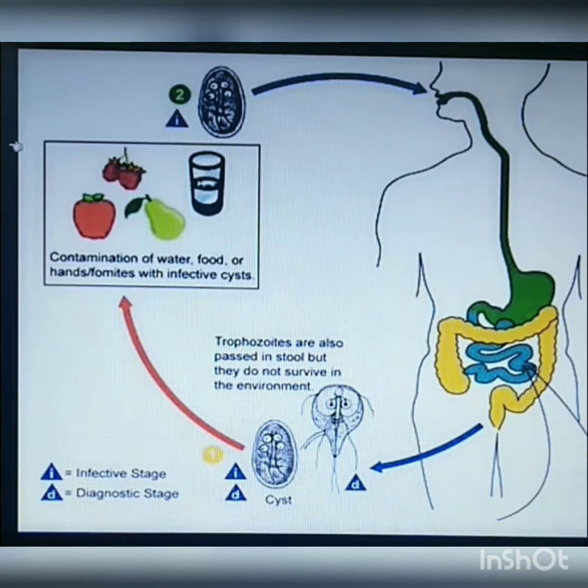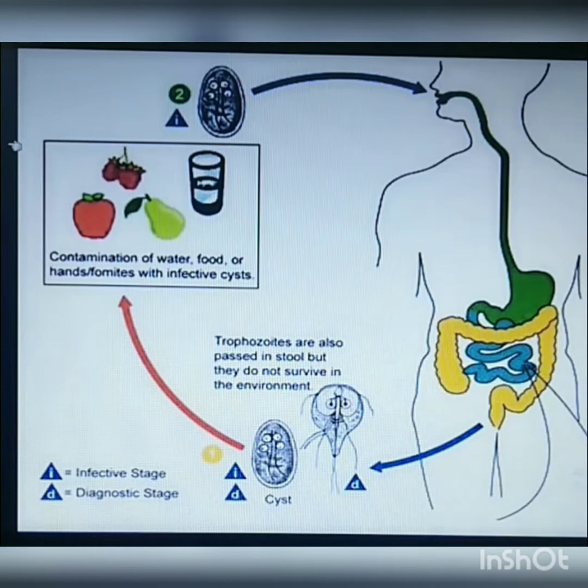Now let's see the causes of diarrhea. Food intolerance or allergy, irritable bowel syndrome (IBS), inflammatory bowel disease (IBD), infection by bacteria, organisms, and performed toxins, eating foods that upset the digestive system, medications, radiation therapy, malabsorption of foods, then contamination of water, food, or hands with infective cysts and trophozoites.